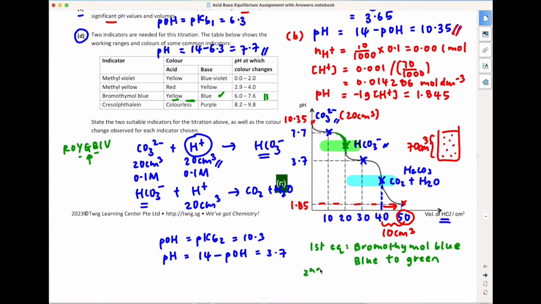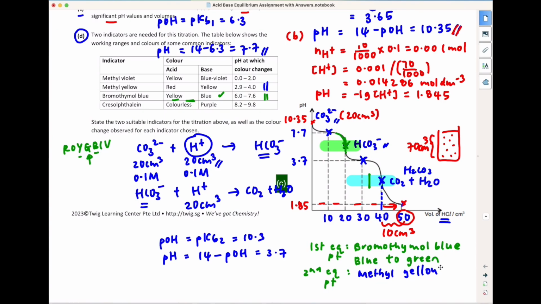Okay, the second equivalence point. Okay, I guess this is the pH range. It's around here. Maybe I think it's between like 2 to 4. Between 2 to 4, right? So I think a good indicator you can use definitely would be methyl yellow. Okay, methyl yellow.